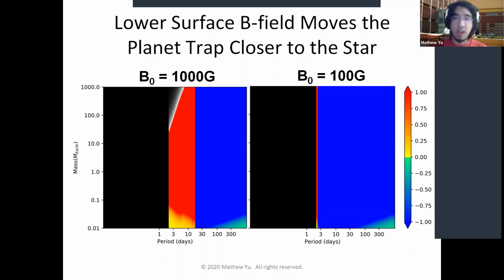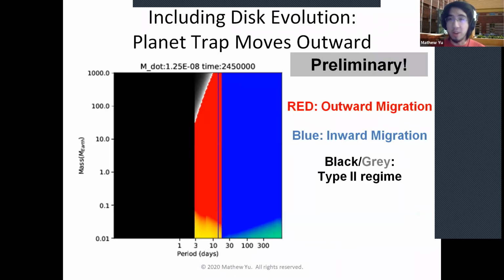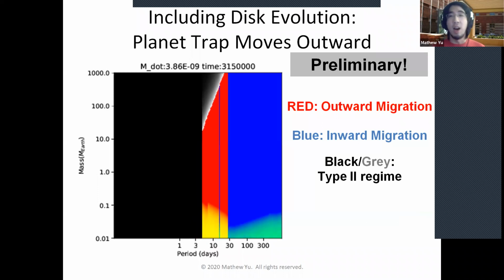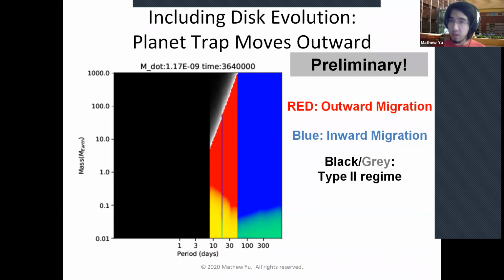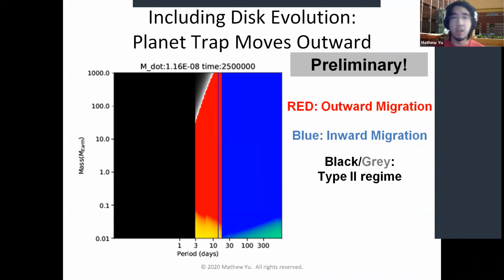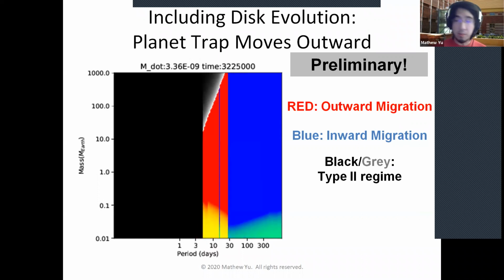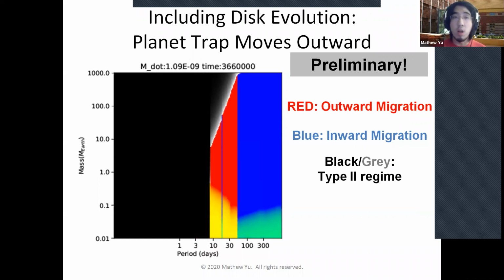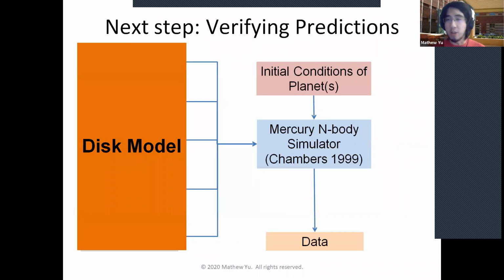So apart from this, we also have to consider that the disk itself is also dissipating. And this brings us to the full modeling that we will have to do as the next step, which is including an actually dissipating disk, which would result in the transition zone moving outward slowly as the disk dissipates. Okay, and also we would like to verify the results by using simulation, and hopefully this will be done during this fall, and we will have more results down the road.